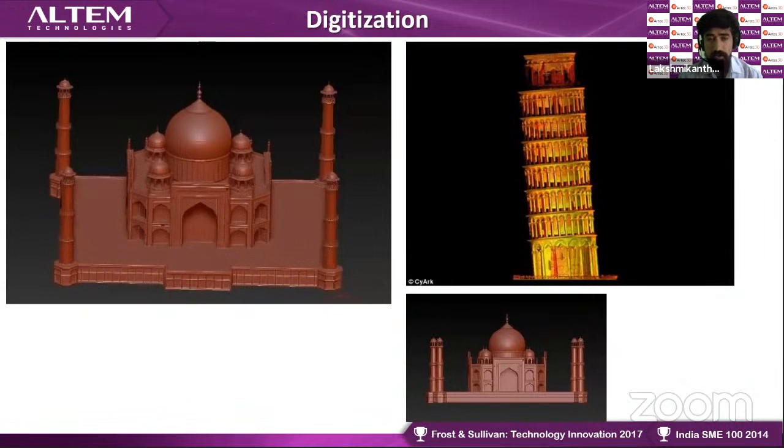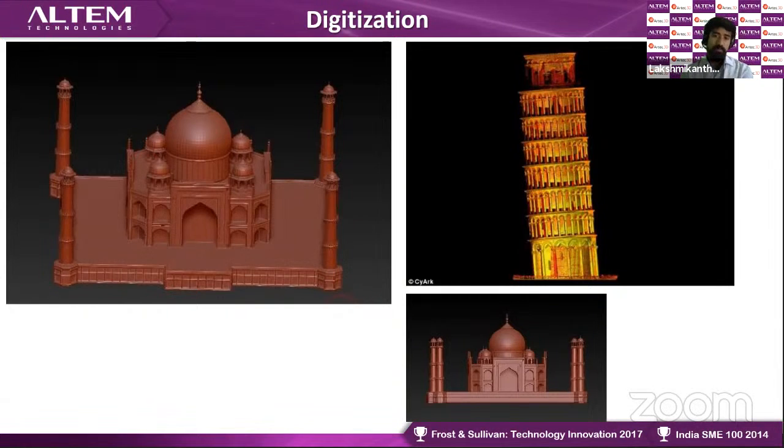That means if you already have existing monuments or other structures which are under the threat of degradation, because as we know, due to acid rain or multiple other factors, and also human encroachment, these are monuments which are clearly protected, but still there might be chances of degradation due to an earthquake or something, right? So in order to prevent that we can 3D scan the entire buildings, and we can preserve them digitally.